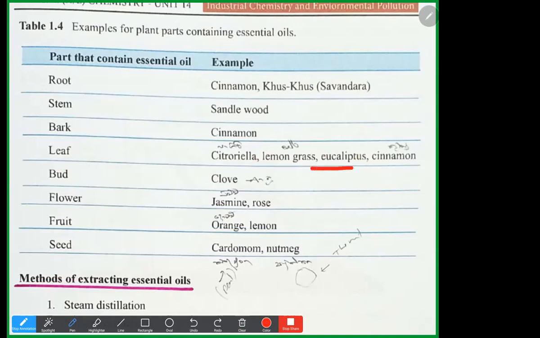And eucalyptus and cinnamon. I don't have an exact idea about eucalyptus. Just remember. Buds: clove, that everybody knows. Then flower: jasmine, rose. Fruits: orange, lemon. Seeds: cardamom, nutmeg, very famous nutmeg.